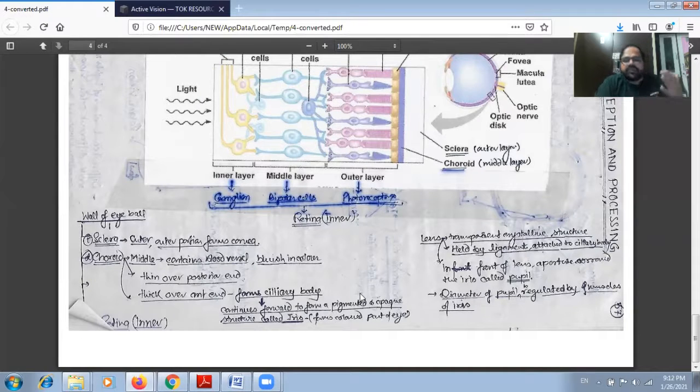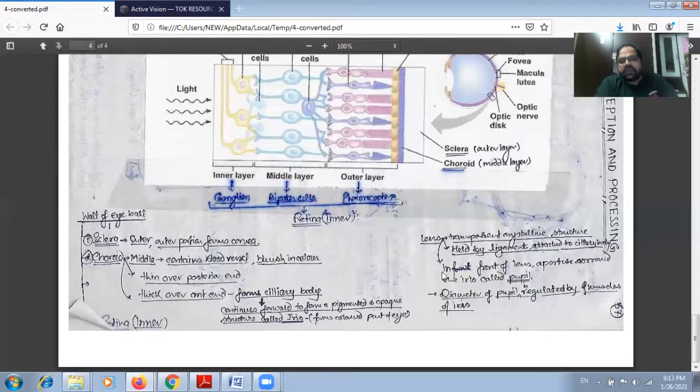When we are talking about the color of eyes, some of the people have black colored eyes, some have blue or brown colored eyes. So this color is nothing but the color of the iris only. Now as we know, retina is the innermost layer of the eye.